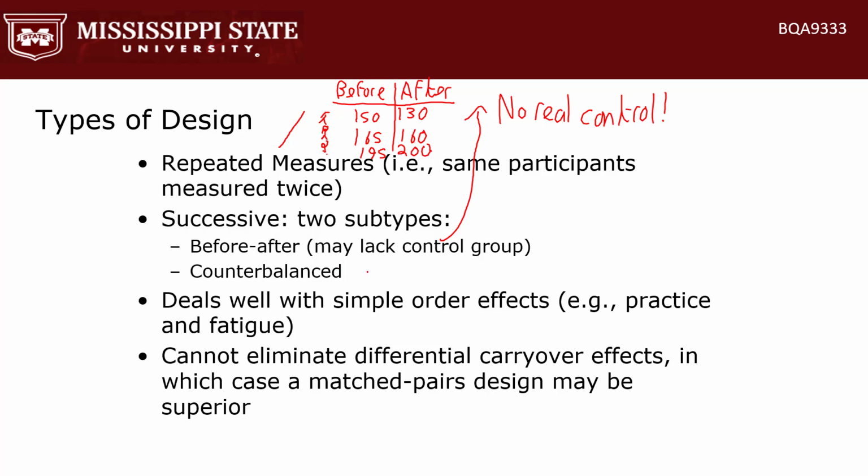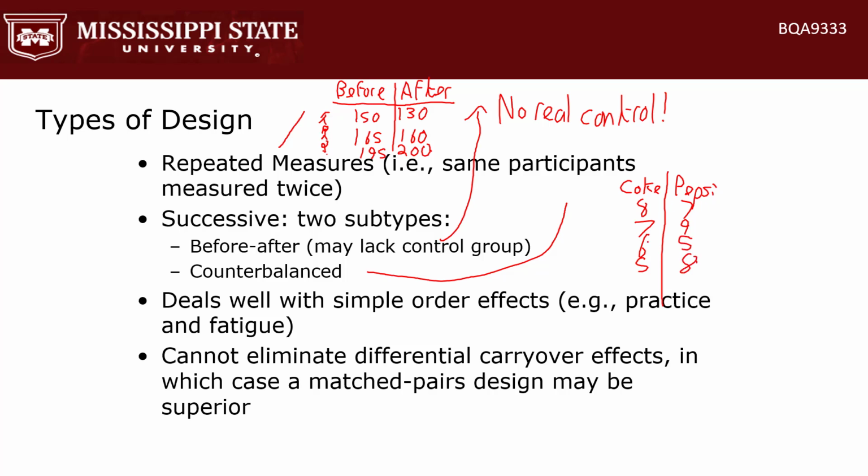The other type of design is a counterbalance design. And this would be, for example, let's just think about Coke versus Pepsi. And we'd have people rating out of 10. So we have 8, 7, 6, 5, 7, 9, 5, 8.